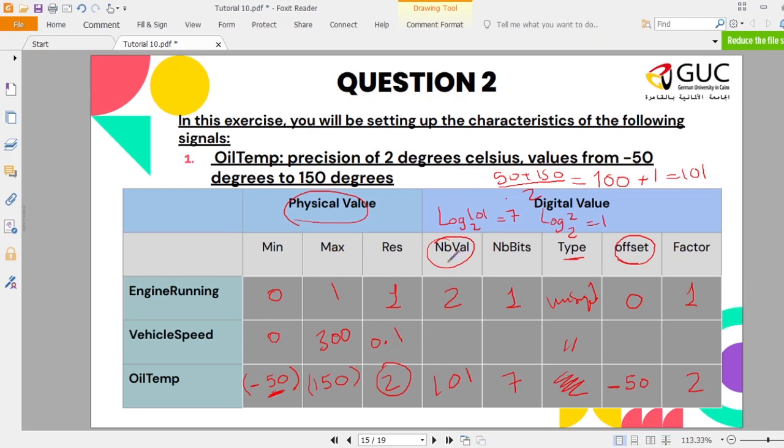So our total number of values will be 300 times this resolution is 10, because between each two whole numbers we have 10 steps. So it's going to be 3000 plus the value of the 0, so it's going to be 3001.